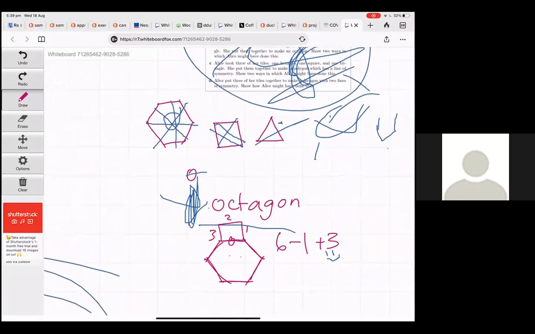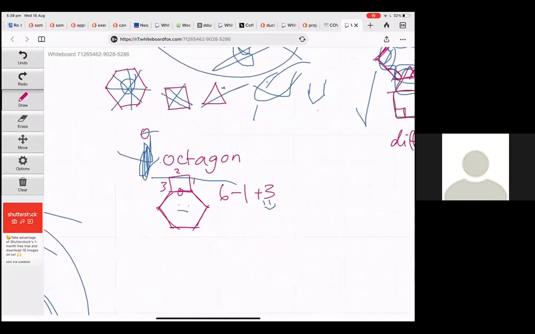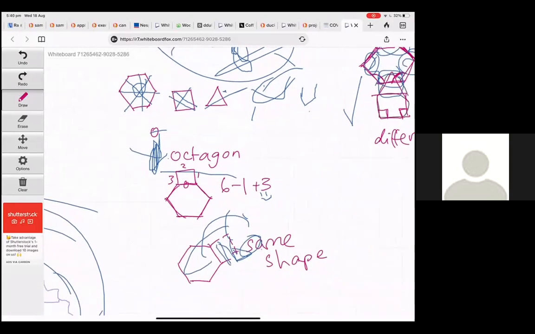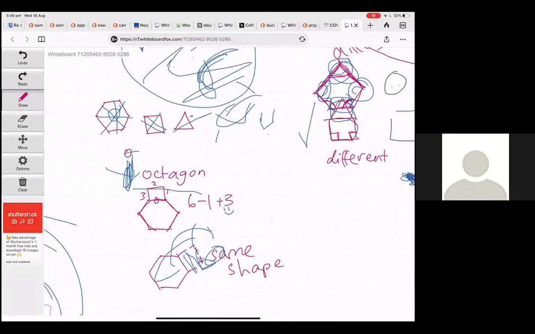So now the question is, how else can we make a different octagon? We also already saw that if we move the square to a different side, then it's the same shape. So we can't just put the square on different sides because it's the same.